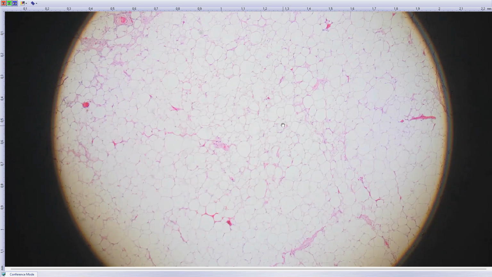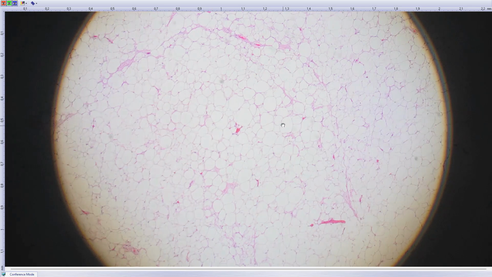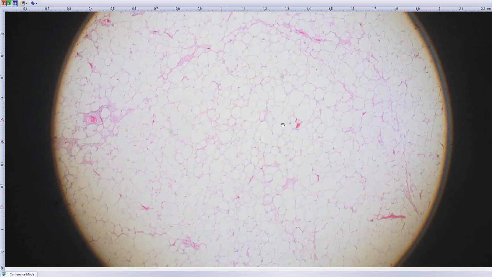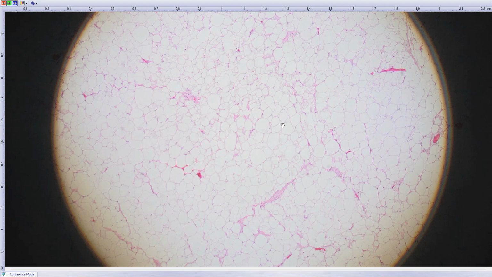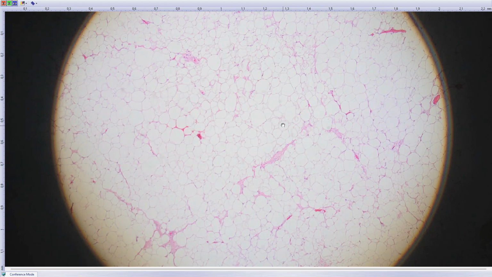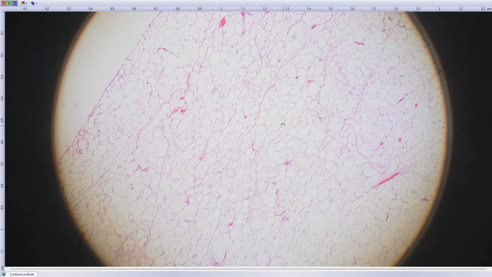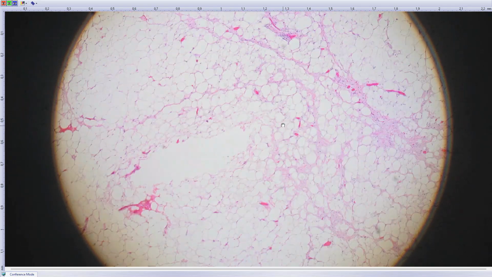You see this is a well-differentiated adipocytic neoplasm, which at first sight looks like a lipoma, but on second sight you see this variability in the size of adipocytes, which is normally not found in conventional benign lipoma. And occasionally you see this spindle cell stroma.